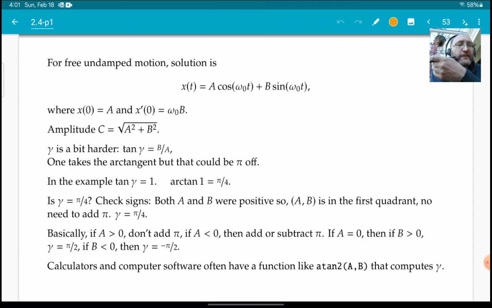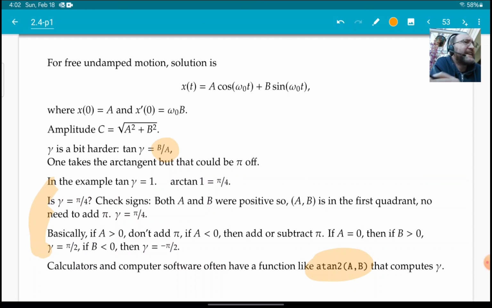Calculators or computer software often have a function, commonly named atan2, where instead of giving it b over a, you give it both a and b, and it will do this checking for you.